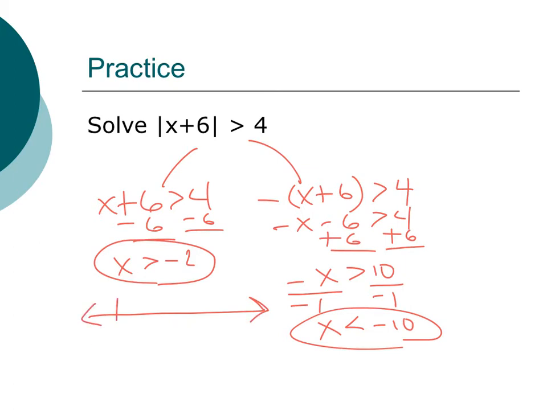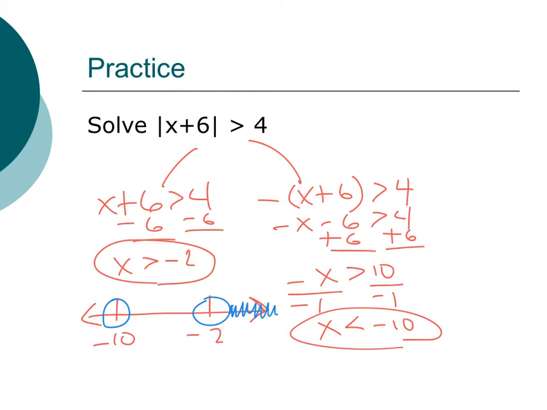So now I'm going to go to my number line. And I got open circles on each of them because I'm not equal to. And I want to be greater than -2.